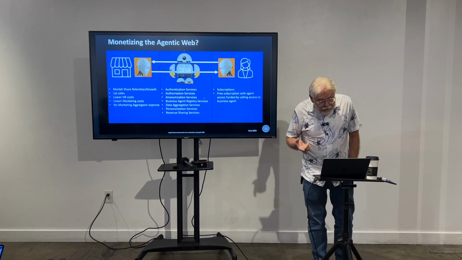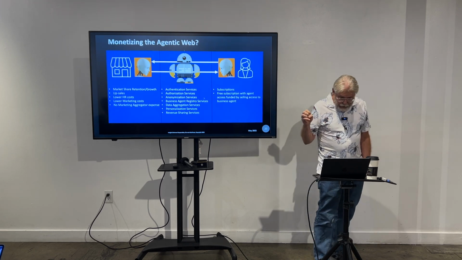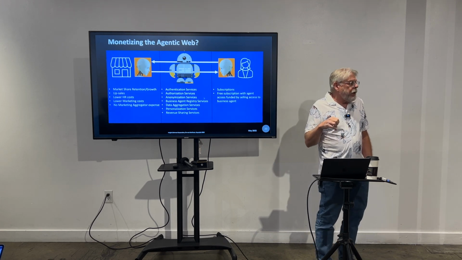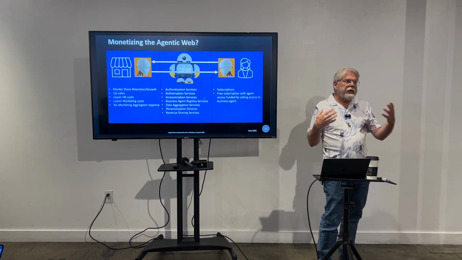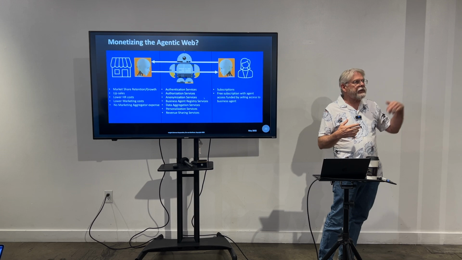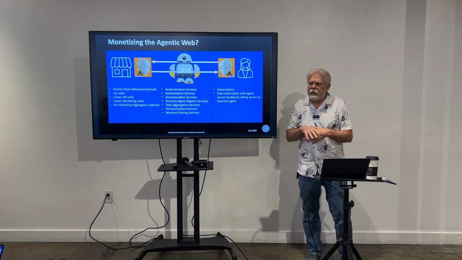And then finally, you've got things like data aggregation services, personalization, and maybe even revenue share and some marketplace for allowing the consumer agents to request information and in exchange for that request get some share of the revenue, that kind of thing. There's lots of different ways this model could shake out.